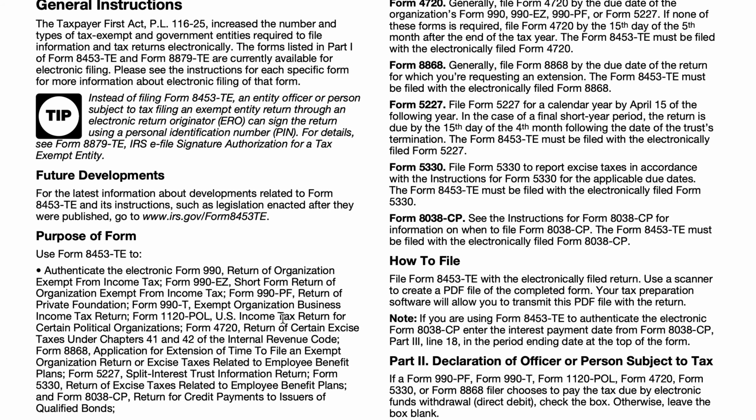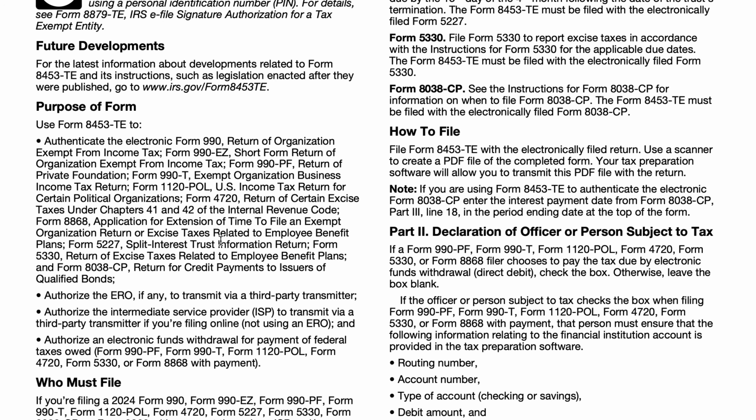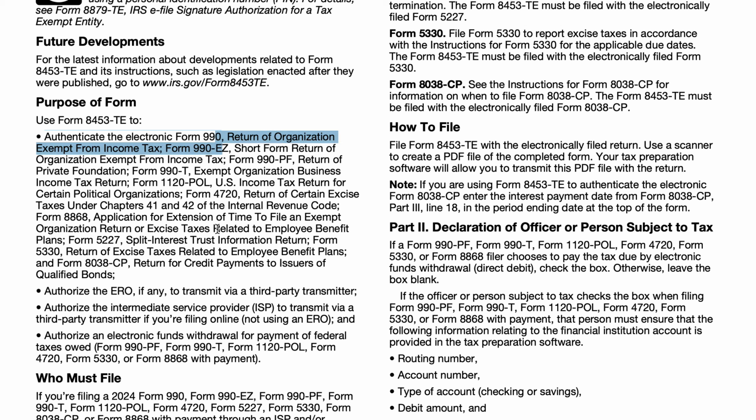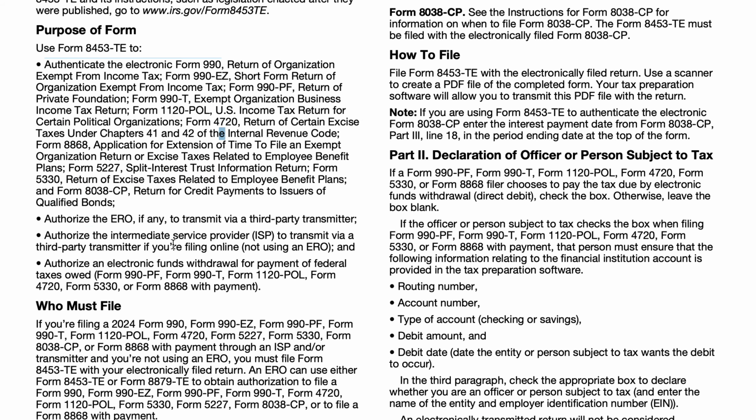So people do ask, why is this being filed when you're already filing a tax return? And the answers are pretty simple. So you're authenticating an electronic form of any of those tax returns. You are also authorizing either the electronic return originator or an intermediate service provider.